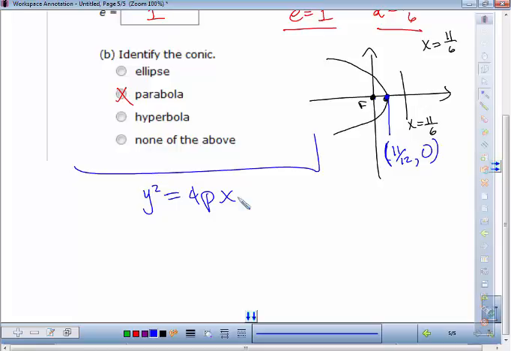Was P the vertex or the focus? Oh, the origin. This isn't going to help us too much. I got the origin is 0. Is the shift going to help us?